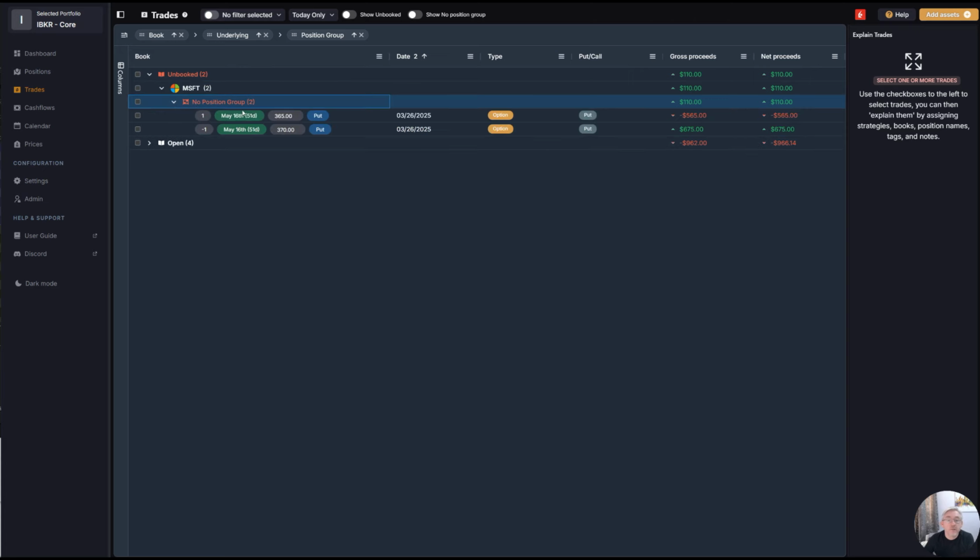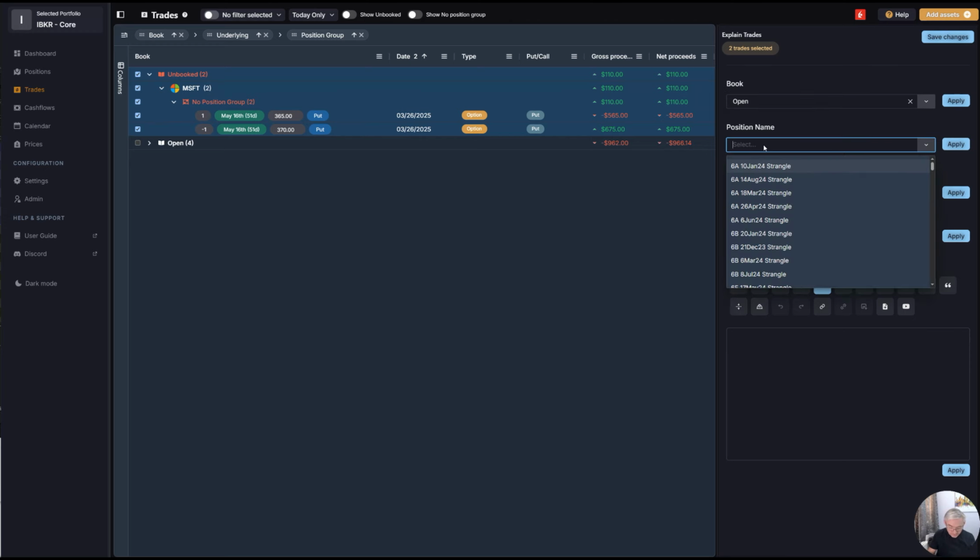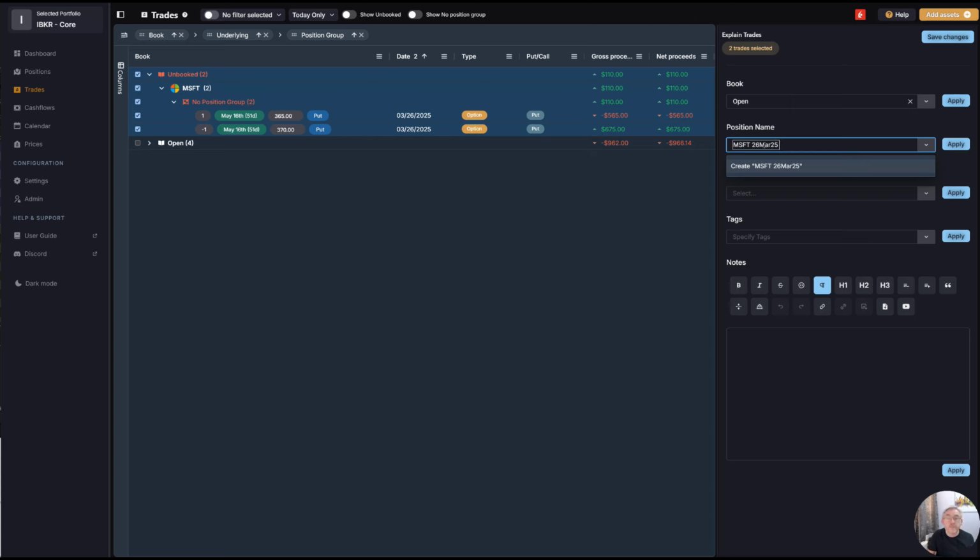So what we would do in WealthBee typically is book these trades, and the way I book things is I book things into an open book until I've completed the trade. I'll give it a position name, and once again I've got a standard for that, which is the underlying name, the date I've entered it, which is the 26th of March 25, and this is a put credit spread.